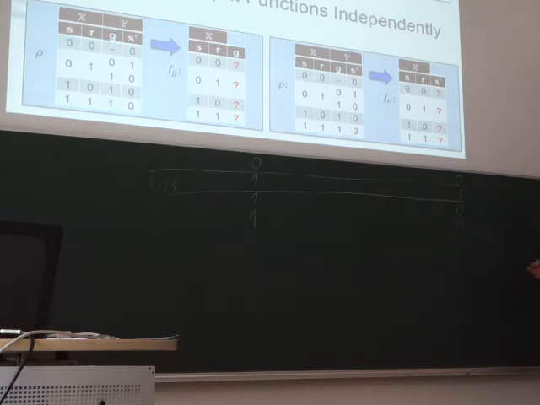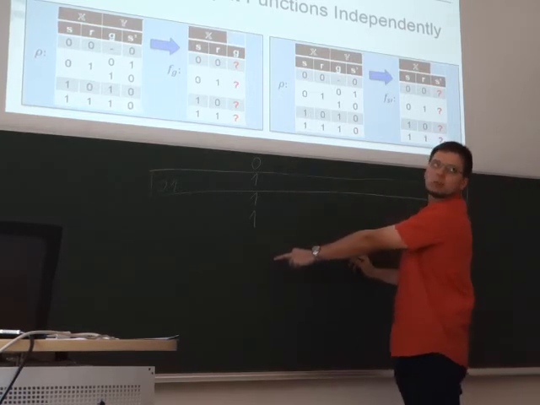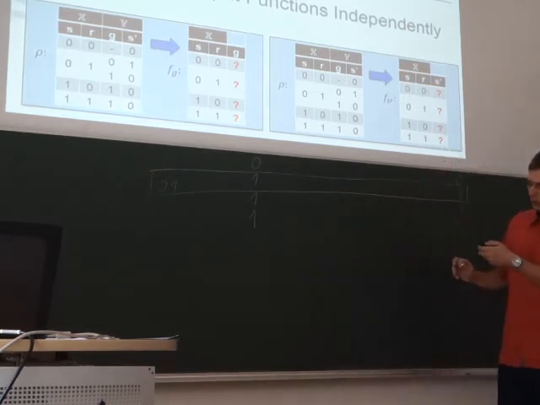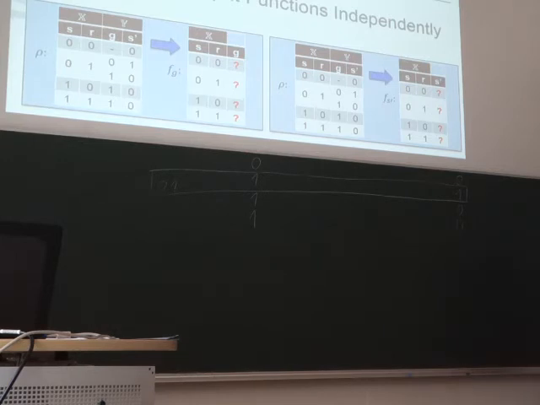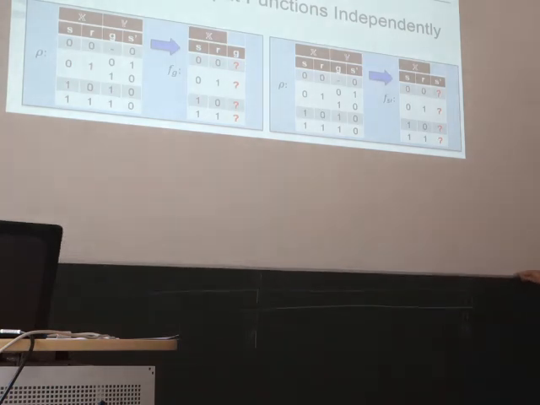Obviously because I just computed my function not looking at what you had already computed, and therefore I did not take into account that there is a dependency here, because basically what this light gray line here says is that if it's this input, the outputs need to be different. We don't care which way, but they need to be different. It's either 0, 1 or 1, 0. But if you look at it independently, then you say, yeah, for the first one we don't really care, for the second one we don't really care, so we could also pick something that overall is not correct.